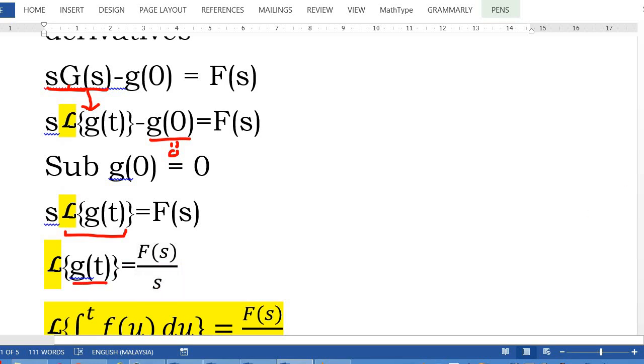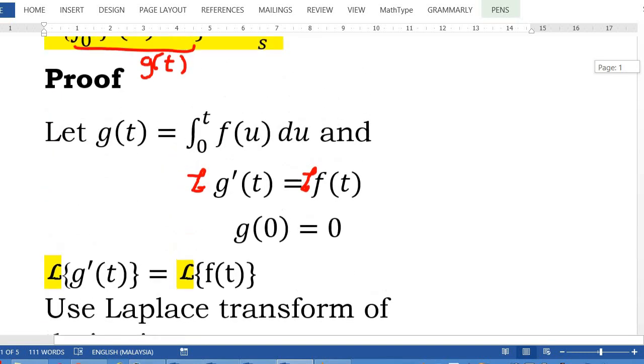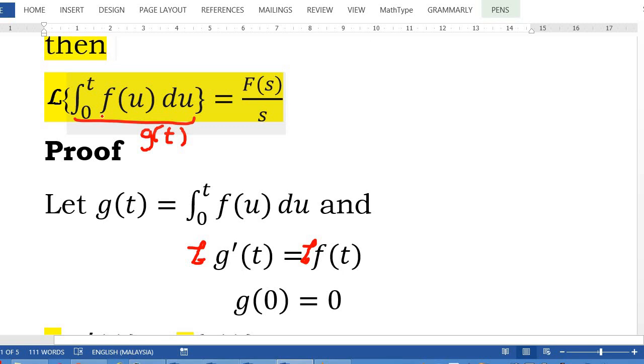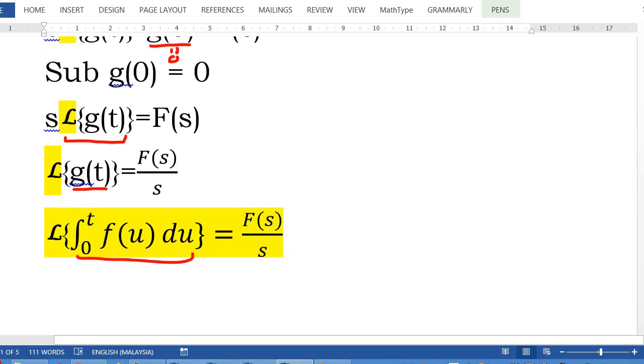Remember, g(t) is the integral of f(u) du from 0 to t, which is what we let in the initial step. Hence, the Laplace transform of the integral of f(u) du from 0 to t is equal to F(s) over s.